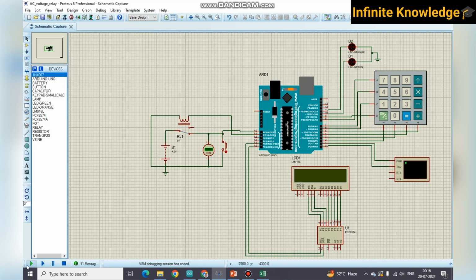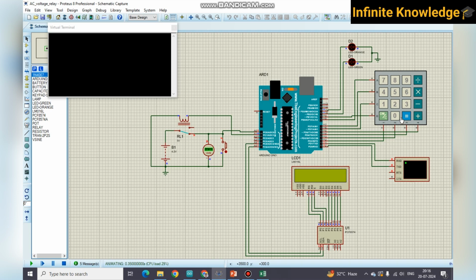Actually, why is this happening? You need to press any one key. Whenever I start the simulation, you need to add 250. Okay, and if you want to add 0.5, then you need to press this. If you want to add 0.7, if you change anything, then it will be changed. So you need to be very clear about it.